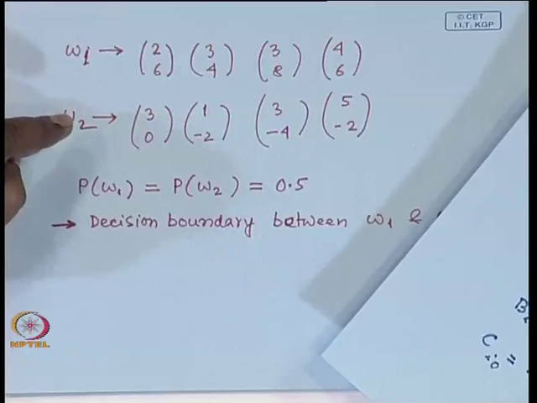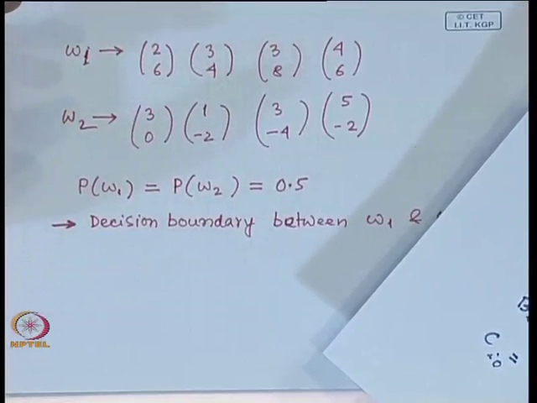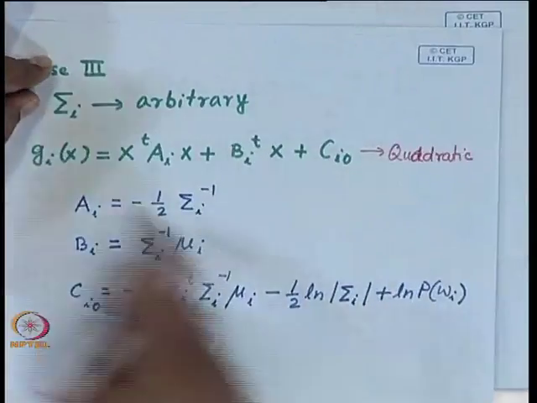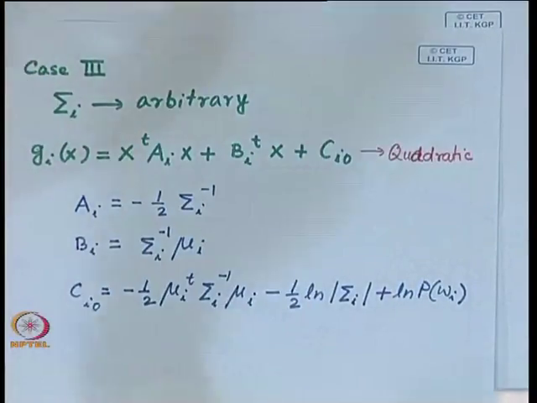Or in general, because I have to compute sigma I, that is the covariance matrix for the individual classes, and I do not know the nature of sigma I, I can make use of this expression and go ahead with it, assuming that my surface will be quadratic. In case the surface is not quadratic, all the quadratic terms will get cancelled.